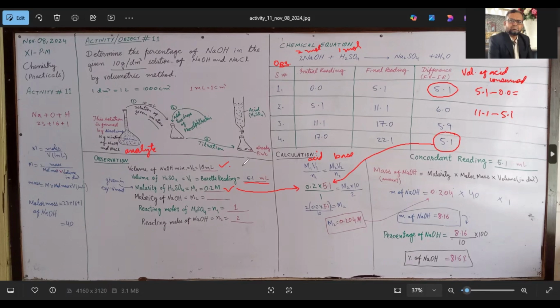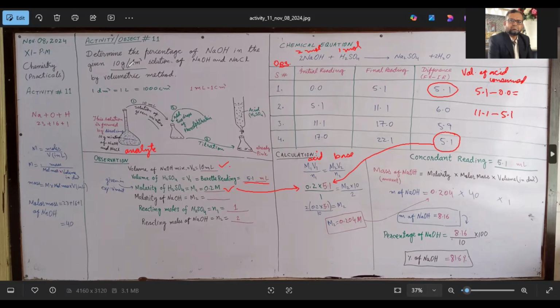Now you have to calculate the mass of sodium hydroxide because this is the concentration. So we know that the amount of the sodium hydroxide can be calculated by the formula molarity multiplied by molar mass multiplied by volume in decimeter cube. So what is the volume in decimeter cube? We know that this is 1 decimeter cube.